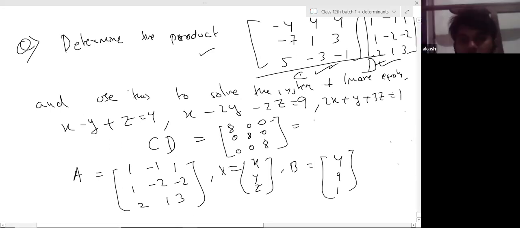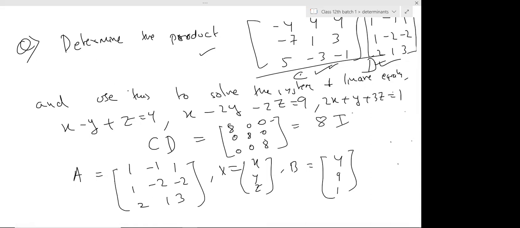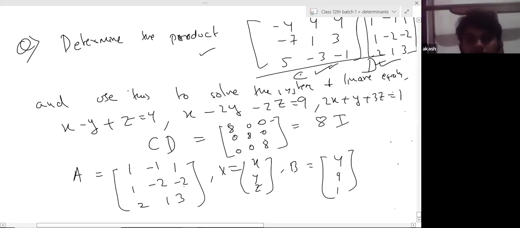So can I write this as 8 times I? Any doubts here? No, sir. Alright. So can anyone see that this D matrix is equal to this A matrix?